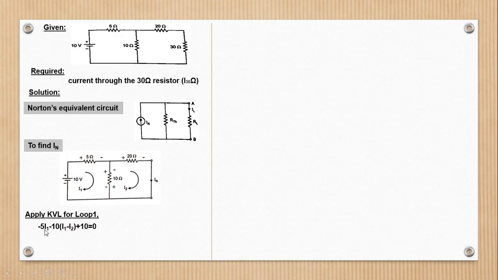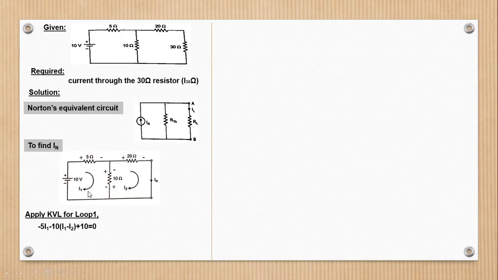Minus 5I1 is the voltage drop across the 5 ohm resistor. We know the reason for writing minus 5 because the leaving end of the 5 ohm resistor is provided with a negative polarity and I1 is loop current. So the voltage drop across the 5 ohm resistor is minus 5I1, and then the voltage drop across the 10 ohm resistor is minus 10 of I1 minus I2.